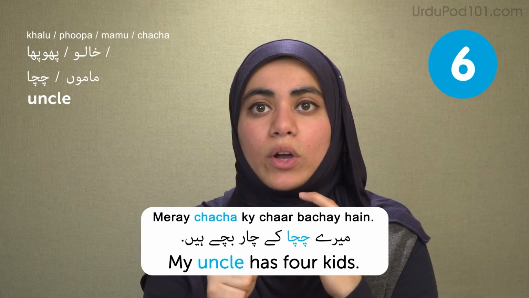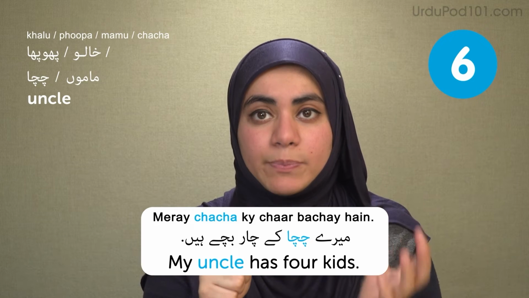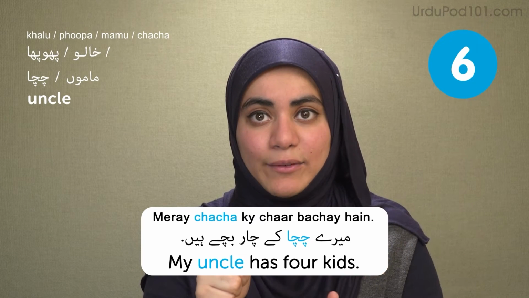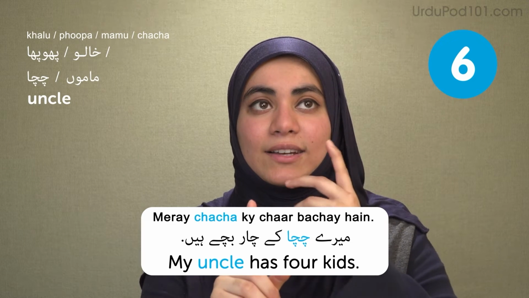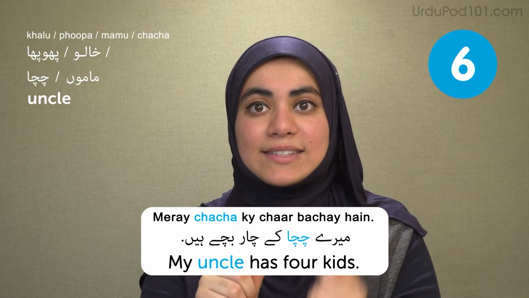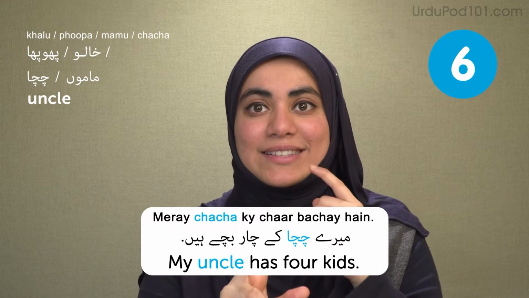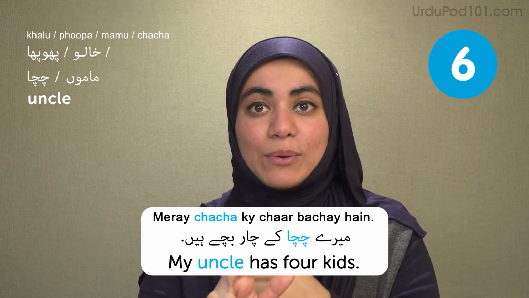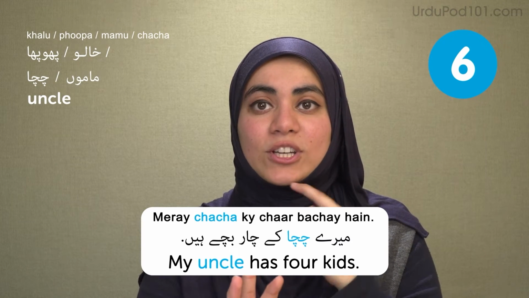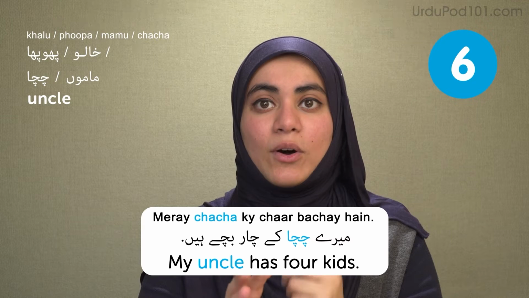Khalu is the husband of your mother's sister. Phupha is the husband of your father's sister. Mamu is the brother of your mother. And lastly, chacha is the younger brother of your father.